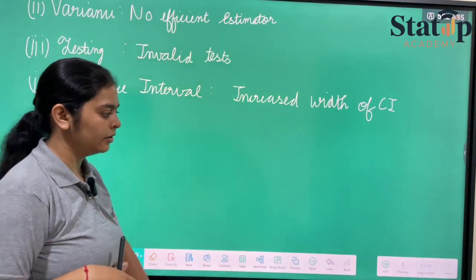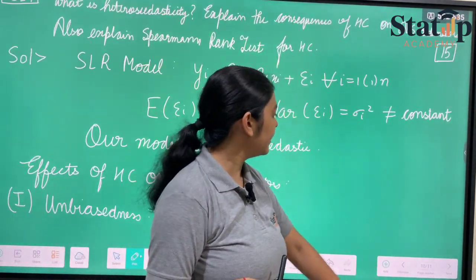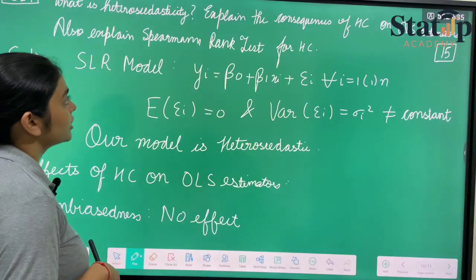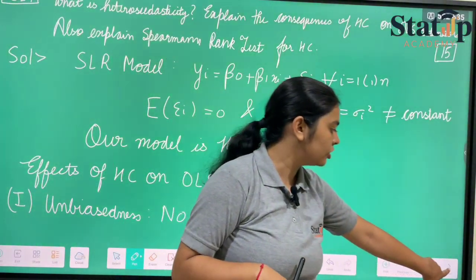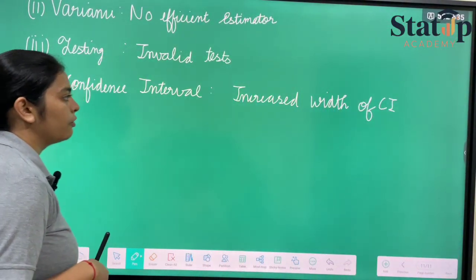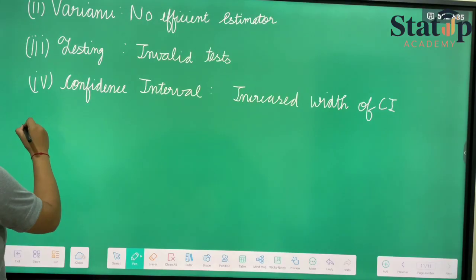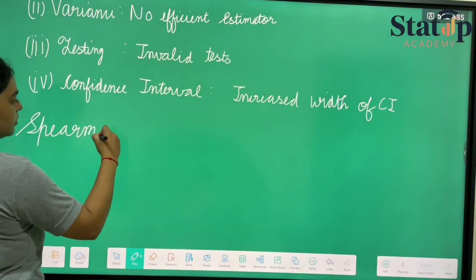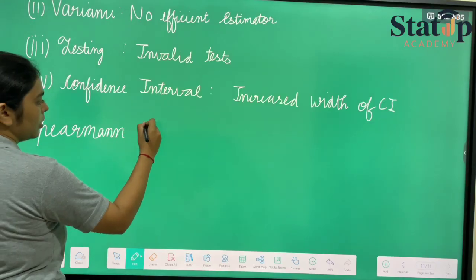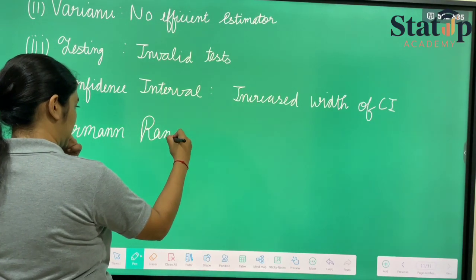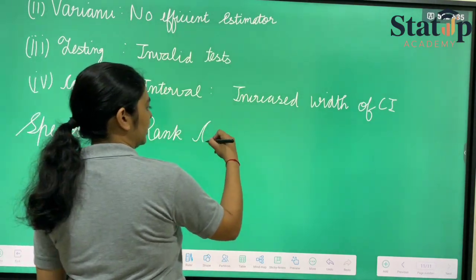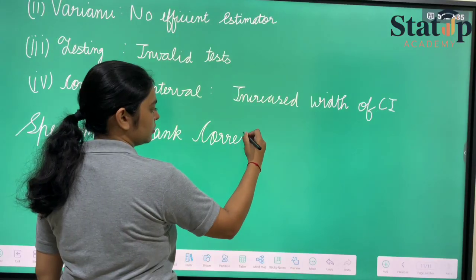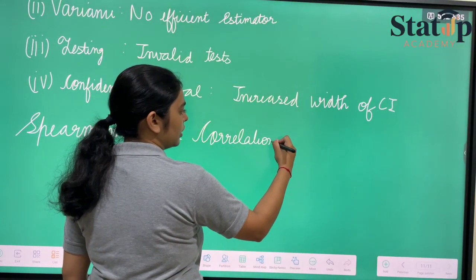Then the next question says: also explain the Spearman rank correlation test for heteroscedasticity.